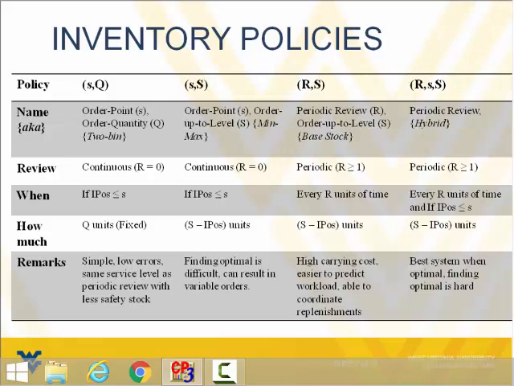But basically you're reviewing at a certain R periods, and only when you review, if your inventory position is less than or equal to the trigger point, the reorder point, will you place an order, and the order will be the difference of the inventory position and S. So I've never seen this system used practically anywhere, but there are some places potentially that could be using it, and I'm just not aware of that.